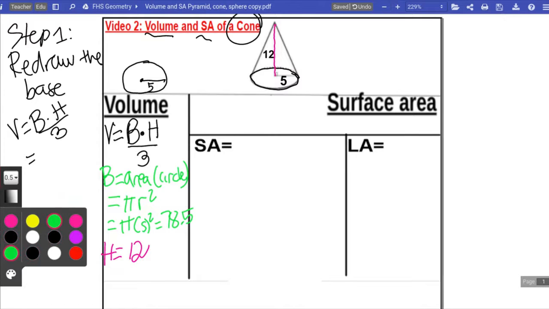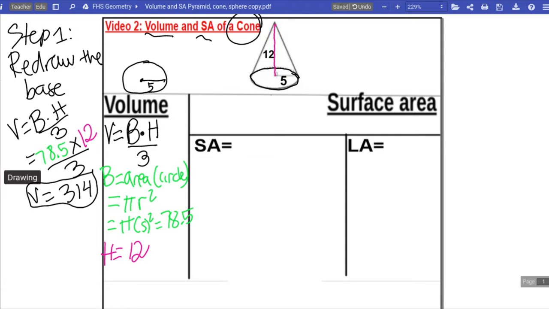I know what big B is: 78.5, times the height, not the slanted height, the height, which is the 12, all of that divided by 3. Therefore, V equals 314. Boom, done right there.